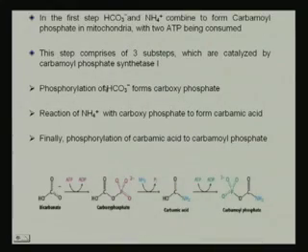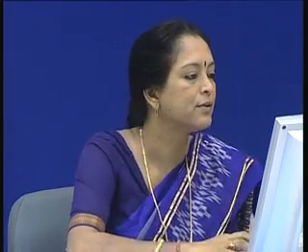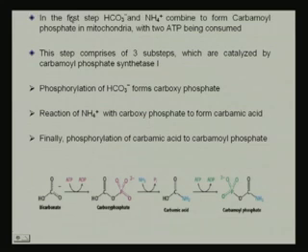Now, let us come stepwise to this particular reaction, and see how these reactions are going on and how the intermediate products and byproducts are produced. In the first step, we have learned that bicarbonate and ammonium ion combine to form carbamyl phosphate.